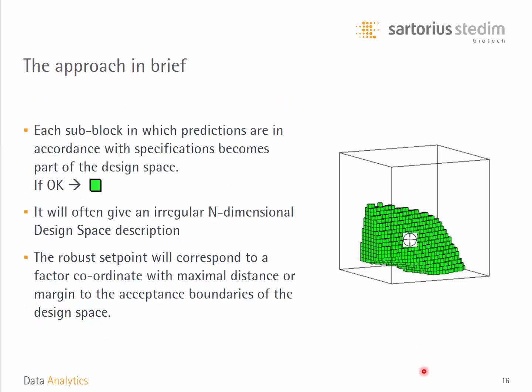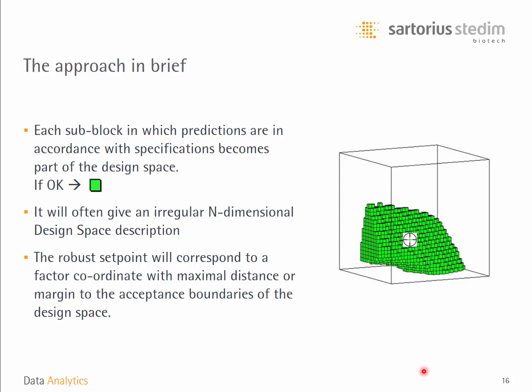We are going to very shortly demonstrate how we are accomplishing robust optimization, but first of all, just an overview slide where we overview the approach in brief. If you want to know more details, you have to consult complementary webinars on this topic and perhaps also look into our training material.